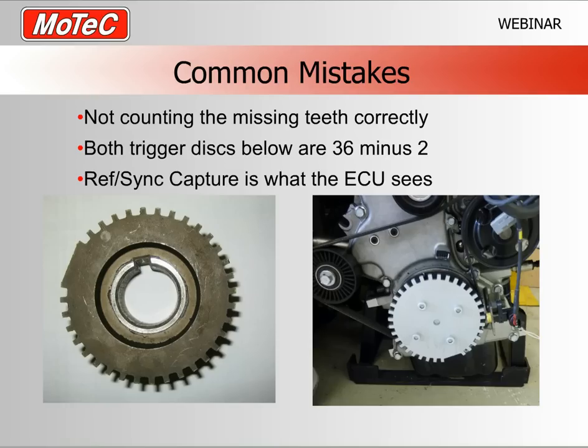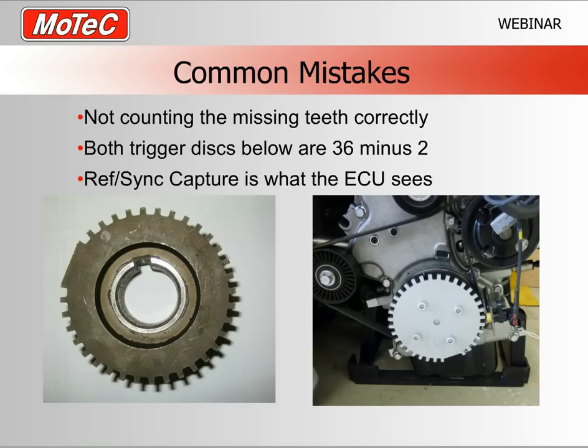One thing that you must remember is these trigger discs are most commonly matched with a magnetic sensor these days. The magnetic signal output may not quite look logical compared to the physical teeth.